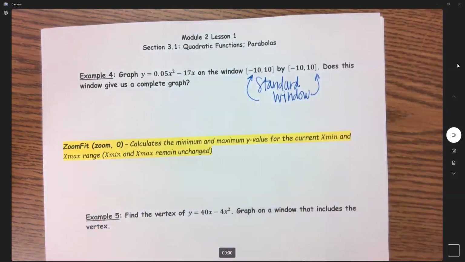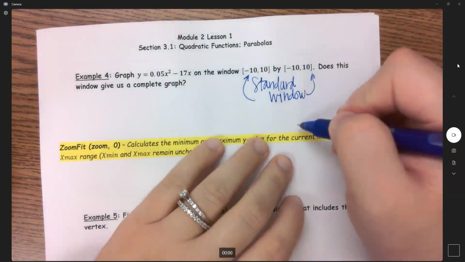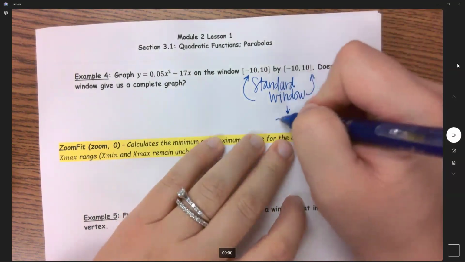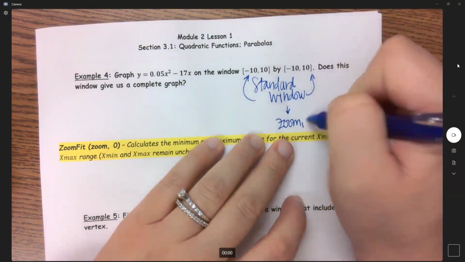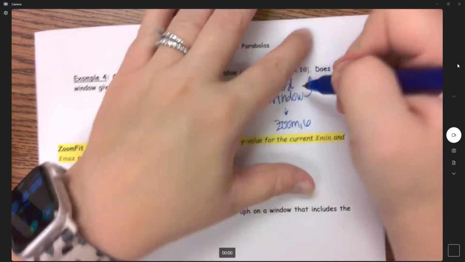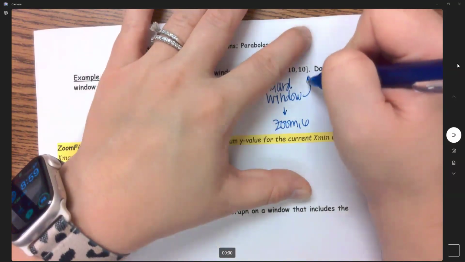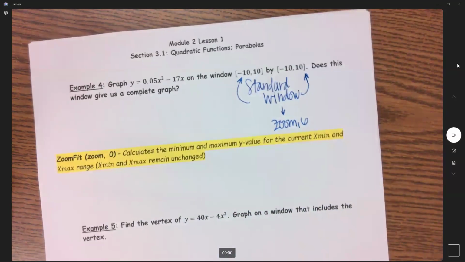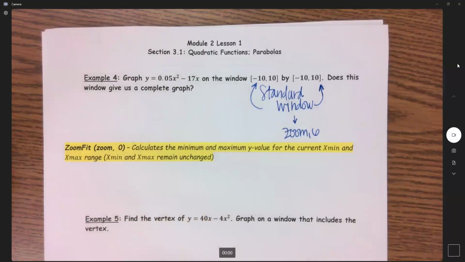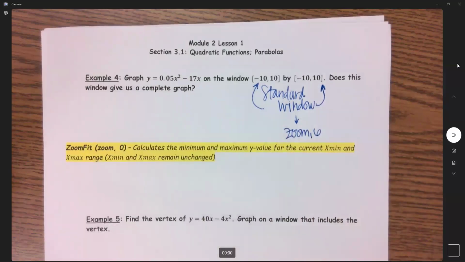And how do we get to that standard window? That is Zoom 6. Okay, so let's put this into our y equals, and then we'll do Zoom 6.